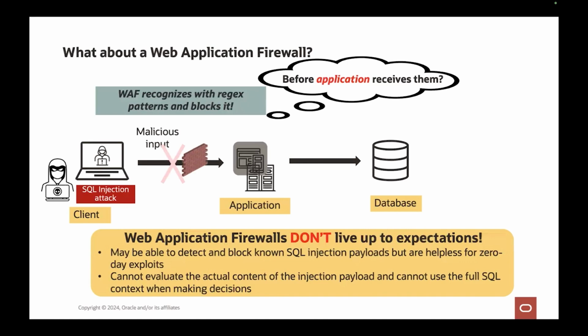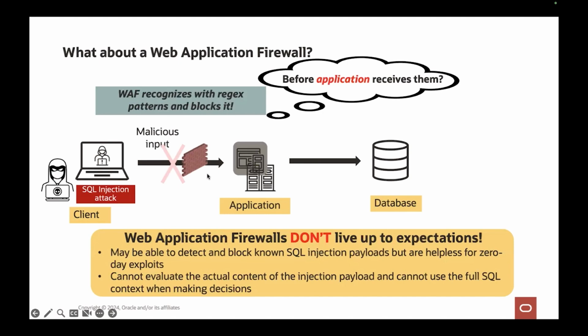And of course, since it operates at a layer prior to the application, it will not have context of what the intent of the SQL query actually is. For example, if you have a table and you have configured a WAF rule saying this query on the table you allow and the rest you block, and now someone creates a synonym on that table, that is not something which is there in the WAF rule.